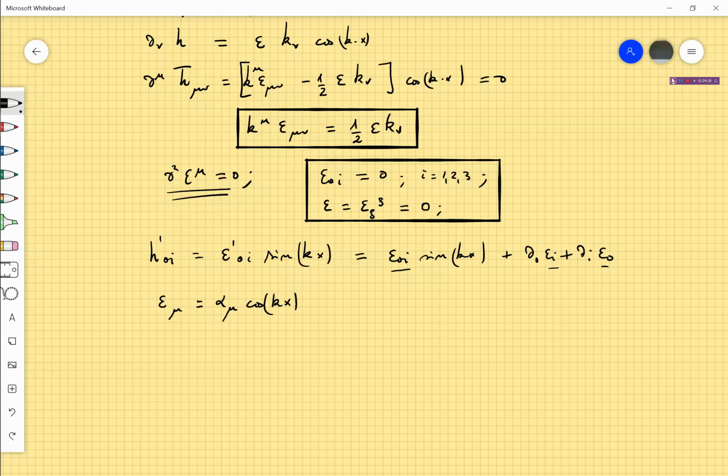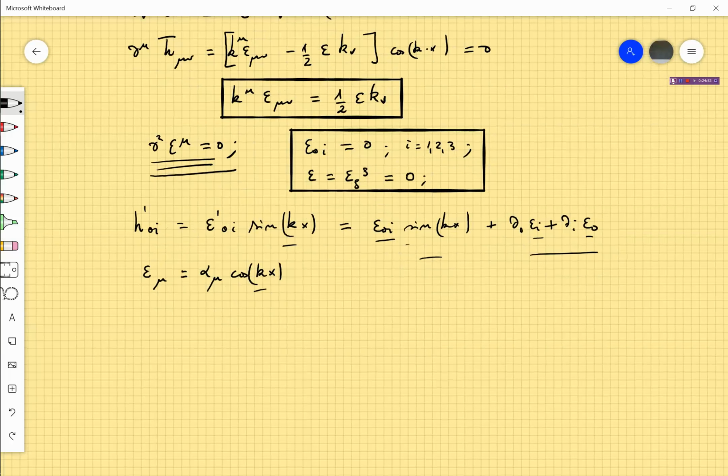And alpha mu doesn't have any particular meaning. The reason we choose the same k here and here is that in order to cancel this sine, it's clear that we need to choose the same k, otherwise we cannot find a combination between this and this. What we want to do is not just solve this wave equation, we want to find solutions of this wave equation such that we can set epsilon prime 0 i equal to 0. So this is why we choose this in this way.